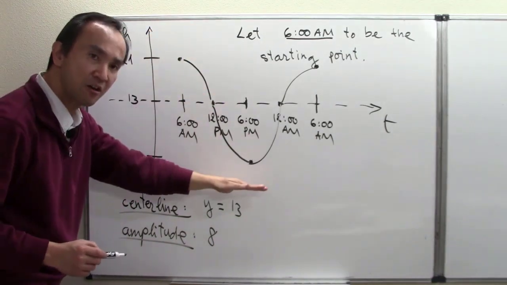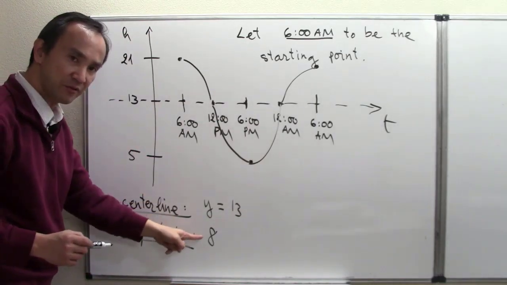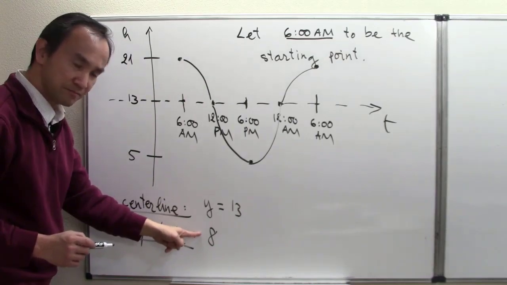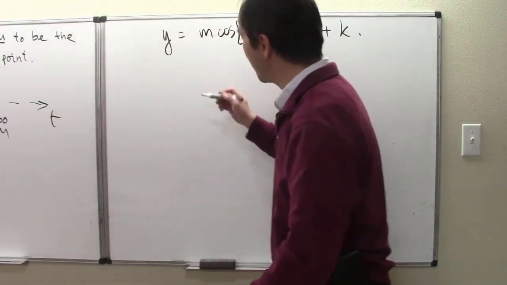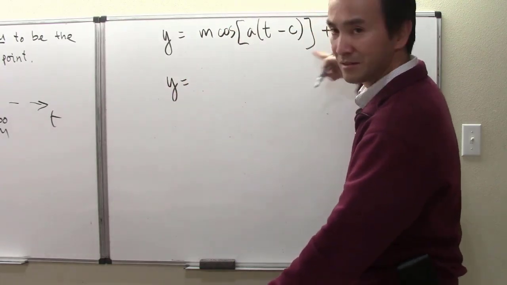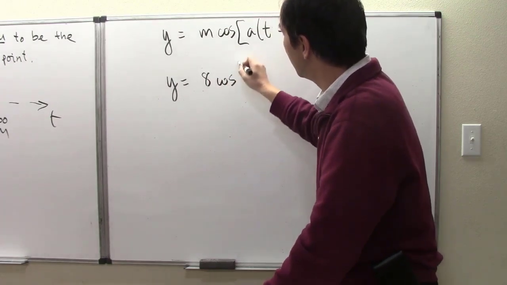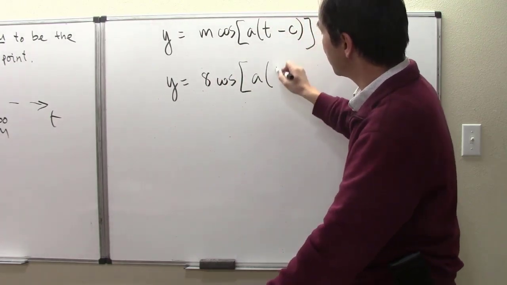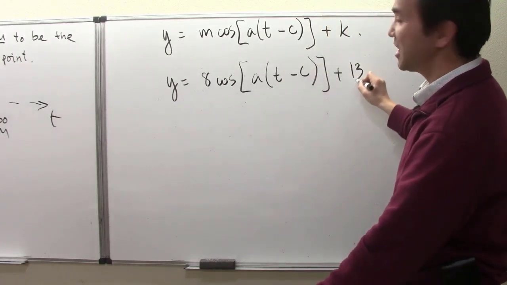That's how I've recognized the amplitude as being 8. So I can partially complete my modeling function: y equals 8 times cosine of a(t minus c) plus 13.